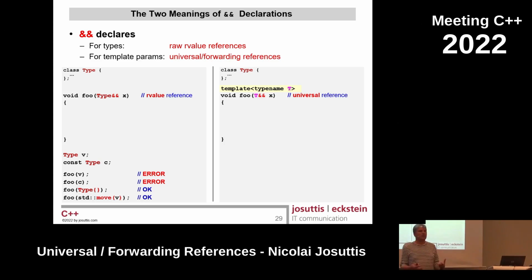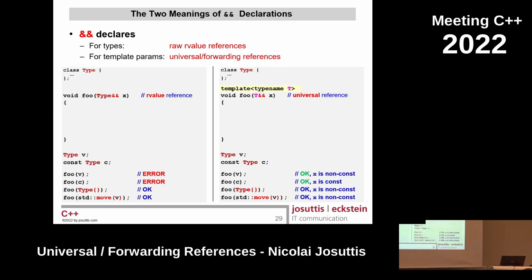So if the thing on the left of the 2 ampersands is a template parameter, then formally this is still an R value reference, but an R value reference to a template parameter. And for that, we have now the special names universal reference or forwarding reference, as you like. And then different rules apply.